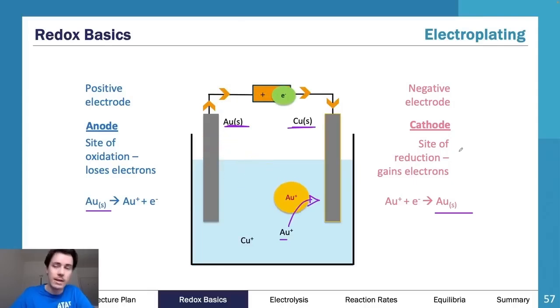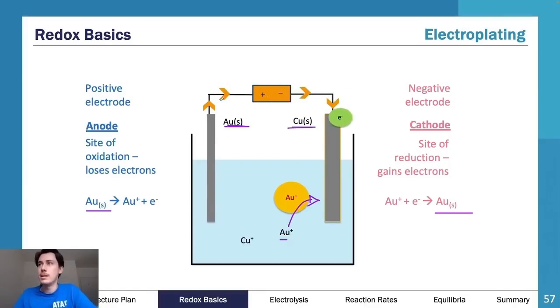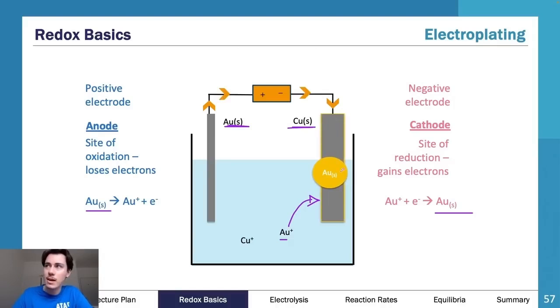Gold becomes a gold ion. That becomes smaller, as you can see there. The electron goes down. The gold attaches on with the electron and becomes solid gold. And then that starts to become bigger. Essentially all it's doing is getting a big gold layer on the outside. That is electroplating at its finest, and that is essentially how it works.